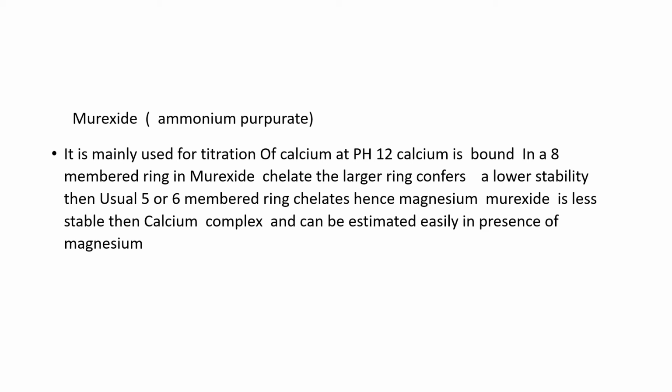Peroxide or ammonium perchlorate is mainly used for titration of calcium at pH 12. Calcium is bound in an 8-membered ring in the peroxide chelate.